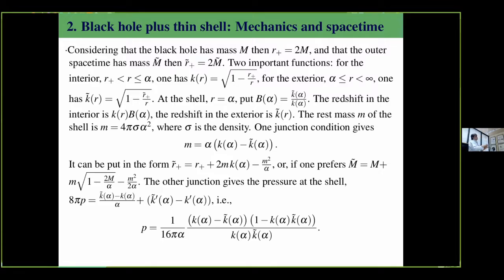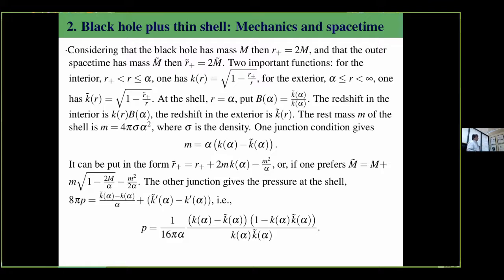Now you have to see what the shell is made of. So we have to work out the junction conditions in general relativity, and you get that the rest mass is essentially the rest energy density times the radius of the shell squared times 4 pi.